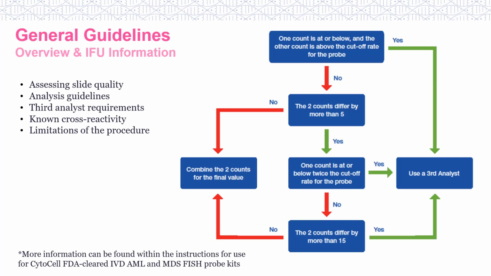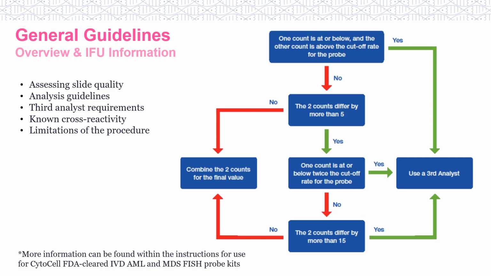Nuclei which are covered by cytoplasmic debris or a high degree of autofluorescence should be avoided. Analysts should also remember that signal intensity may vary, even on a single nucleus, so it may be necessary to switch between a dual or single bandpass filter, or adjust the focal plane to visualize all signals correctly.